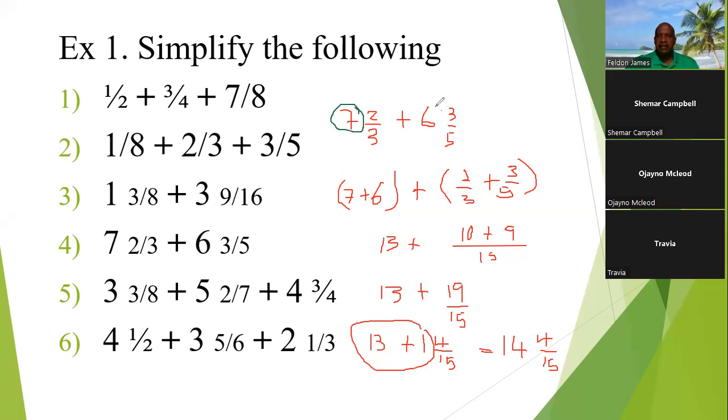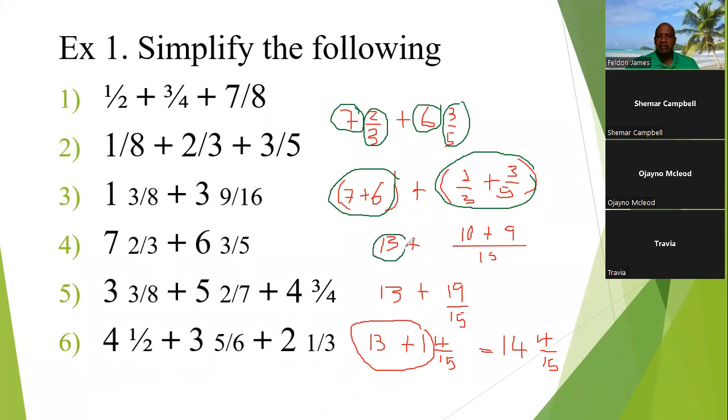The second fraction, the whole number is 6. So we group those together and add them. We add 7 plus 6, we get 13. For the fractional parts, we have 2/3 and 3/5, and we group those and add them as fractions.